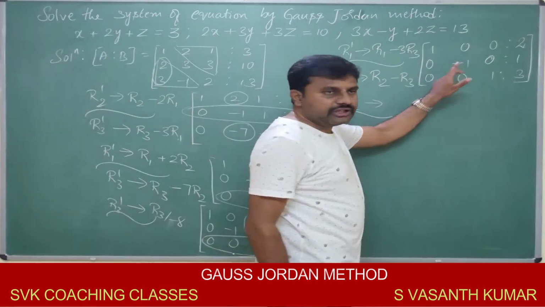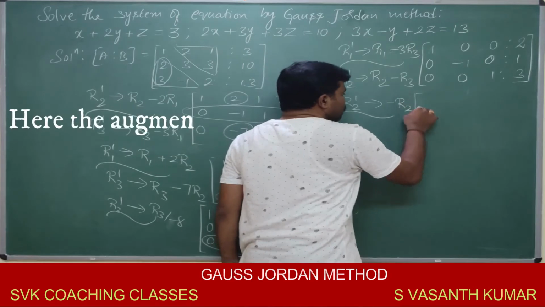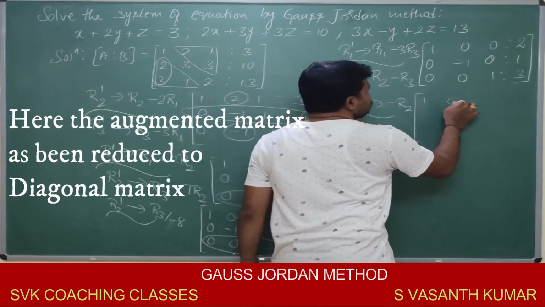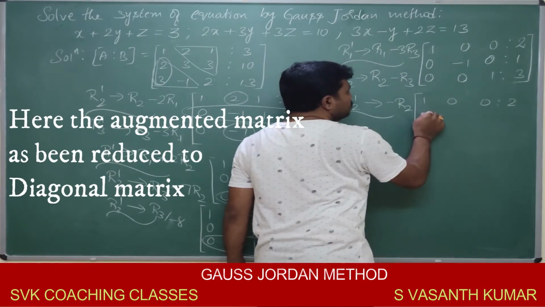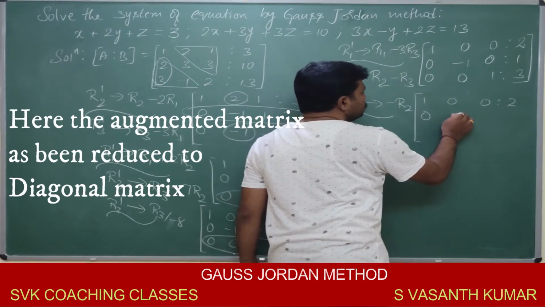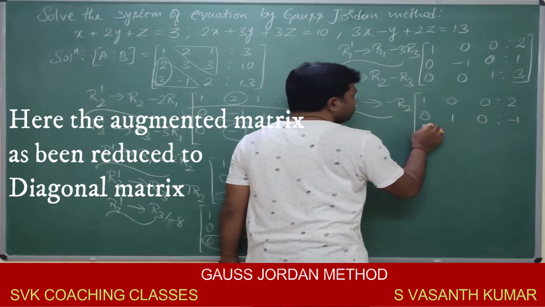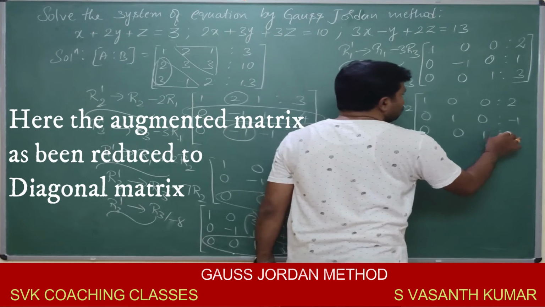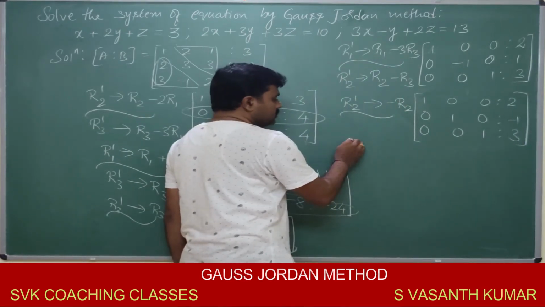Multiply R2 by minus 1, so minus R2: 1, 0, 0, 2, and R2 multiplied by minus 1 gives 0, minus into minus plus 1, 0, 1 into minus 1 is minus 1, 0, 0, 1, 3.